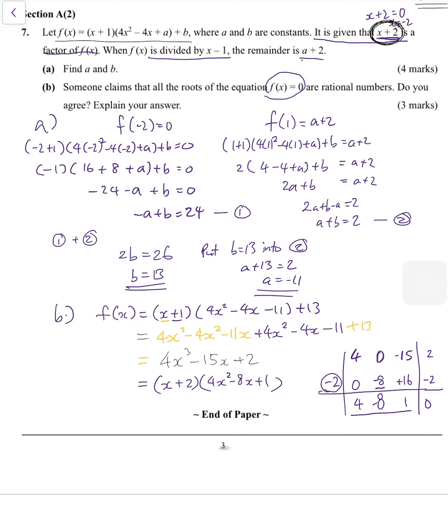Okay, and now you can do your questions because they said f(x) is equal to 0. Obviously for this one, when it's equal to 0, x is negative 2. But for this part, you can use your calculator. Since they're asking whether they are rational roots, I think they will have to just use this formula.